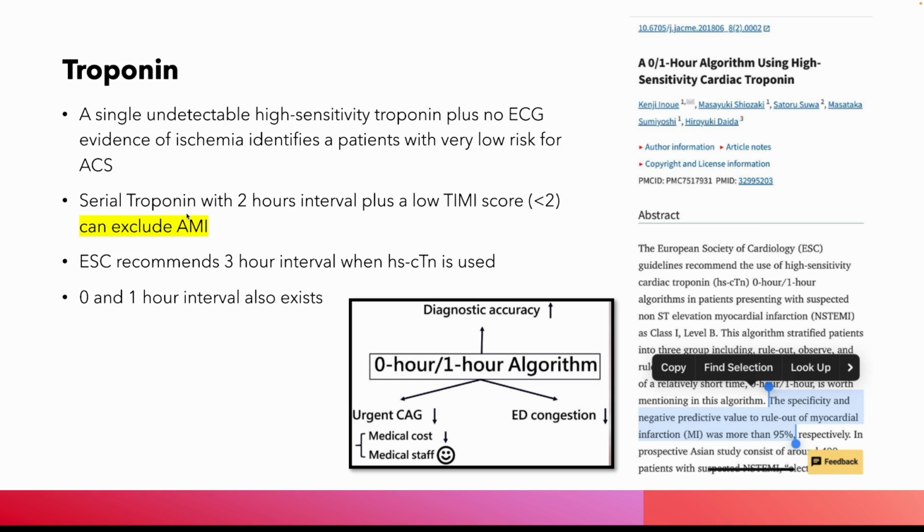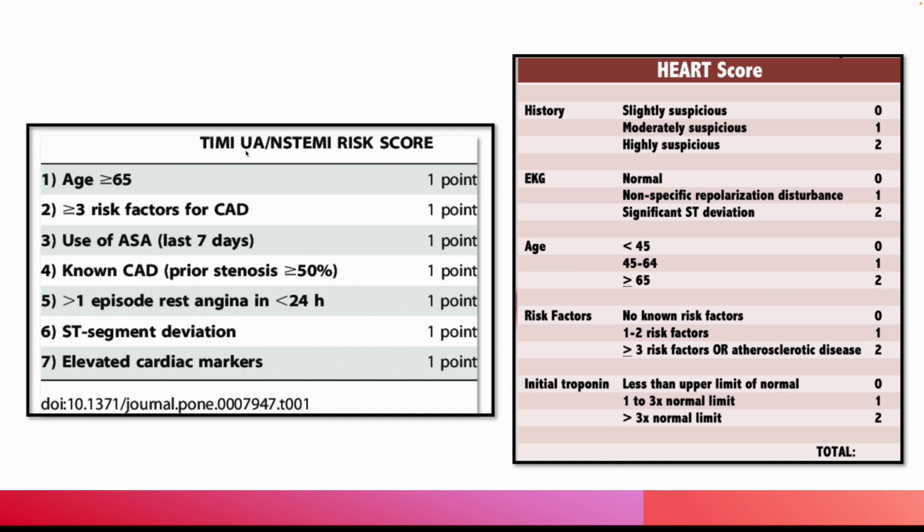And to note, a serial troponin plus a low TIMI score can actually exclude an acute myocardial infarction. Now this is the TIMI score, and this is the heart score. Both have an age category and a risk factor category.